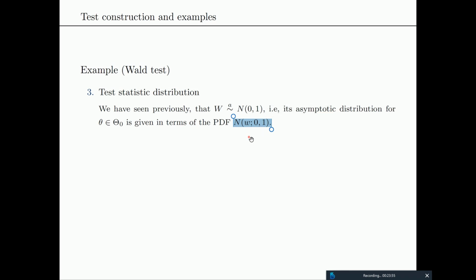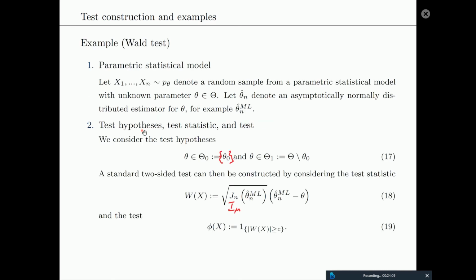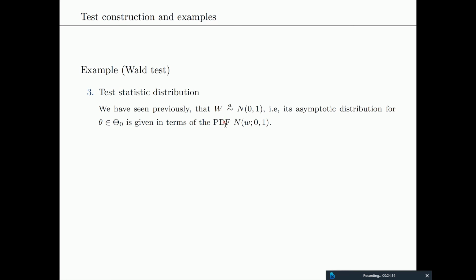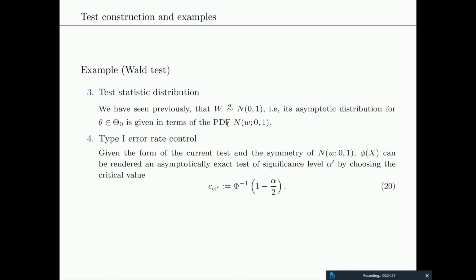In a way, it's like a z-test, but with the difference that this is only an approximate test, where in the z-test, of course, the assumption is that the data are normally distributed with known variance parameter. Here we don't have the assumption of normal distribution about the data, and this is important, but we have the assumption that we have an estimator that is asymptotically normally distributed, which maximum likelihood estimators are.